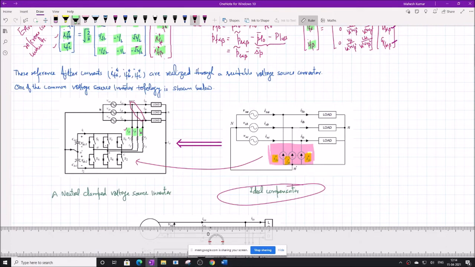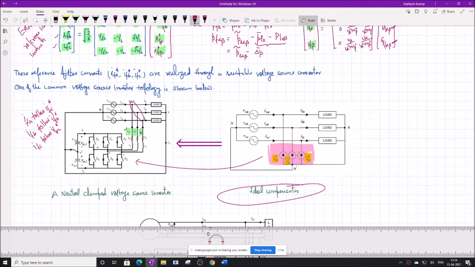So basically what I am saying is that IFA follows IFA star. Similarly, IFB follows its reference IFB star, and IFC follows IFC star.